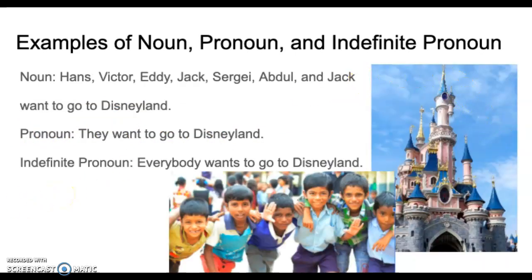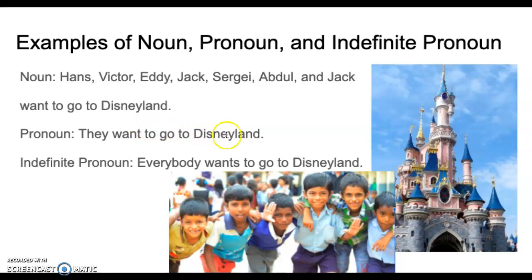So we know it's someone, but we don't know exactly who it is. Okay, let's do another one. Hans, Victor, Eddy, Jack, Sergei, Abdul, and Jack want to go to Disneyland. So those are my nouns. All these little boys, 1, 2, 3, 4, 5, 6, they want to go to Disneyland. If I'm going to make it a pronoun, instead of saying all those names, those are my people, I would say they.